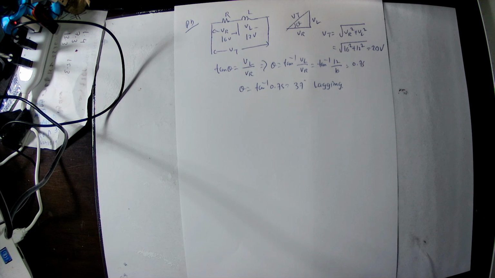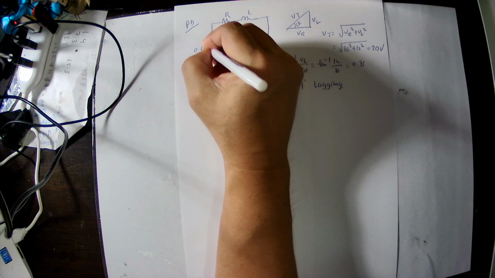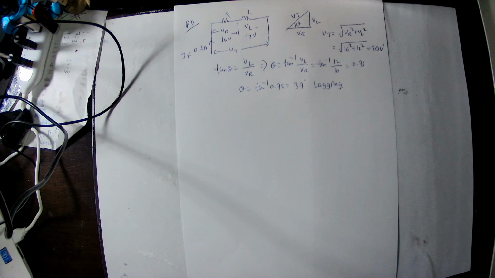We also need to calculate the resistance. In this case, the current drawn is 0.4 ampere. This is IT, the current flowing from the supply, 0.4 ampere.